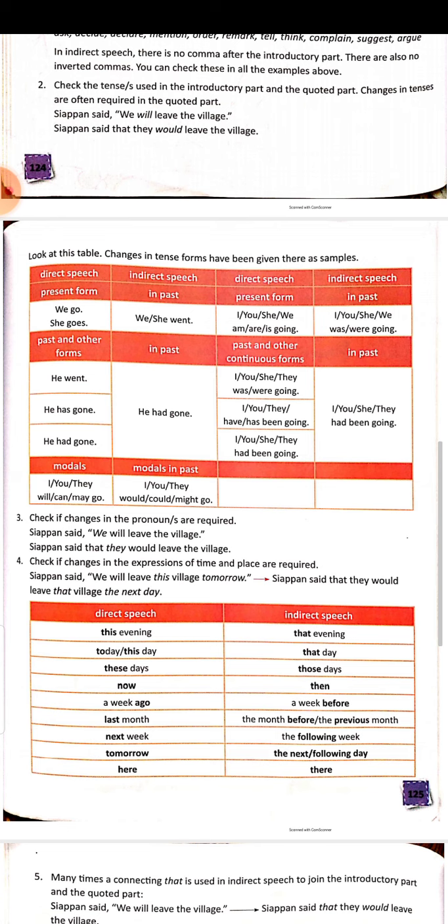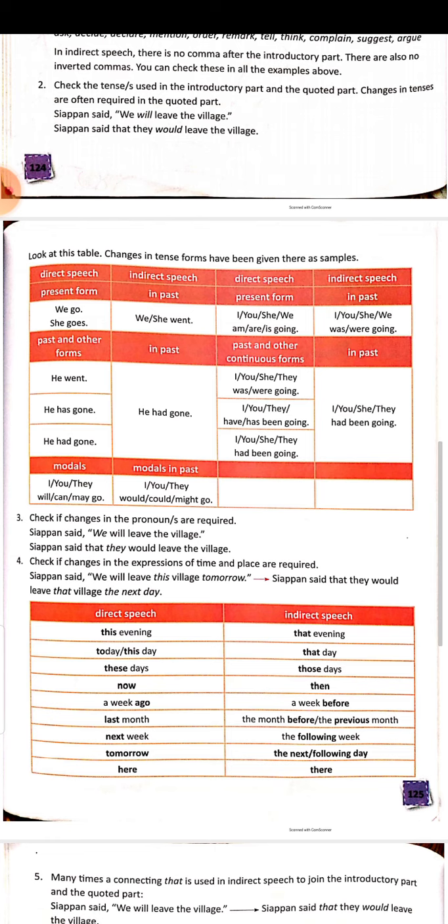Okay? Next, past and other forms. He went, he has gone, he had gone. In past form, all these things will become he had gone. Past and other continuous forms: I was, you were, she was, they were.